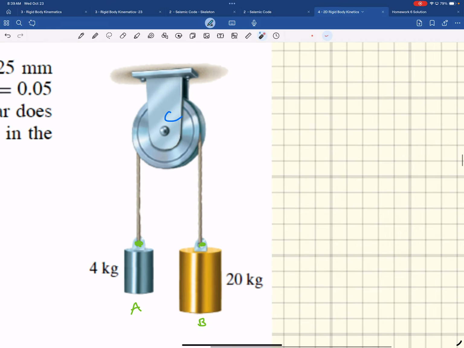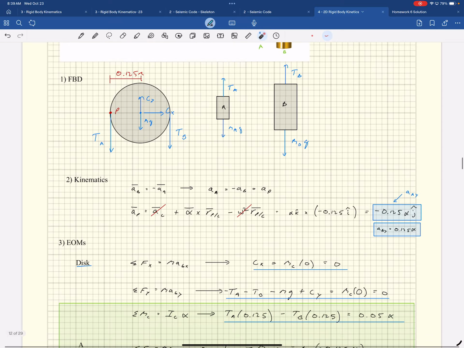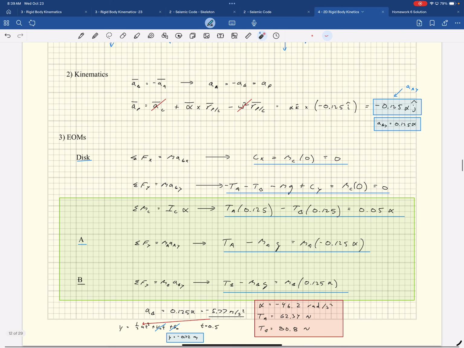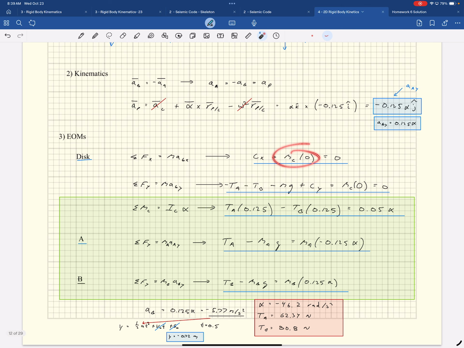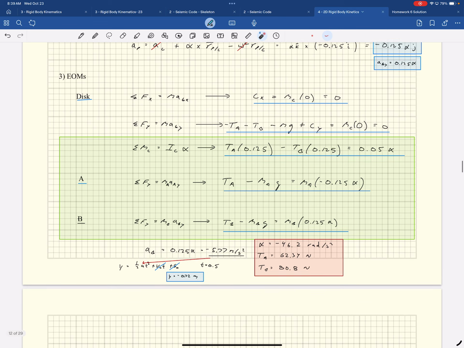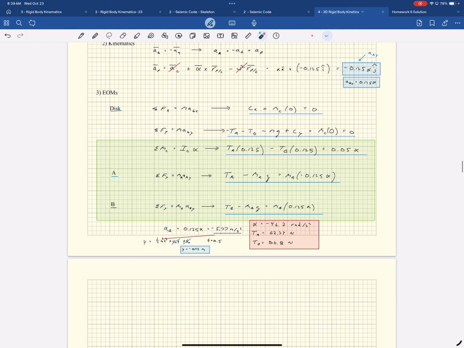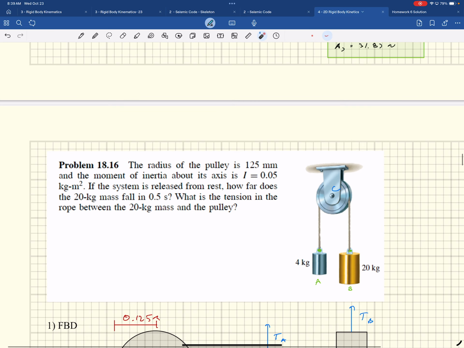Like if you said it's a disk, then we have the equation for calculating I based off of that disk. But in this particular one, you're exactly right. They didn't give us the mass, but you can see that it doesn't play in at all. Good question though. There is an equation, I think it's 1/2 mr squared or something like that, that is the moment of inertia of a disk, and they give us the radius, and so you could back calculate what the mass was if you needed to.